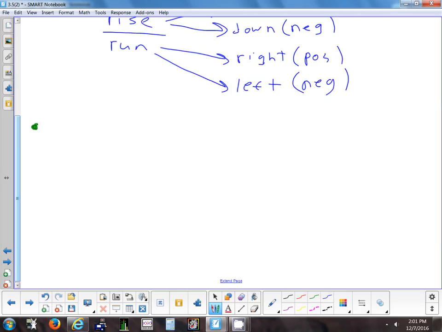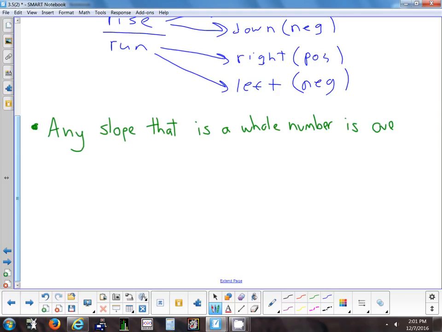First thing to keep in mind, if you have a slope, any slope, in the first bullet, if you have a number with x that's a whole number, like -2, 3, 5, we're always going to put that over 1 because that bottom number is our run.